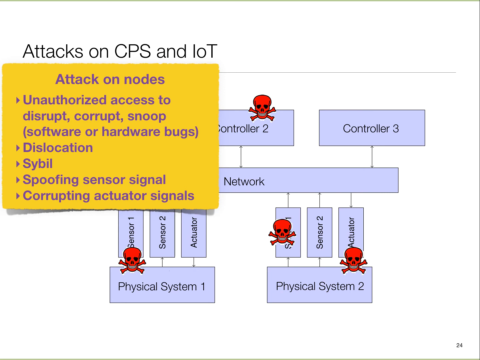Sybil is a term from the literature, but it basically refers to attacks which fake clones of you. By replicating unprotected devices, maybe someone can copy its firmware and literally clone a device, and now suddenly I have alternative versions which also have access to the network.